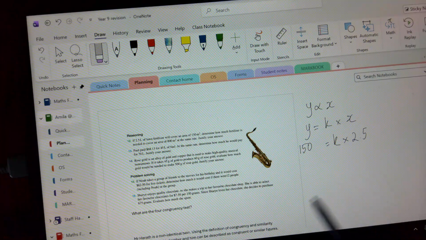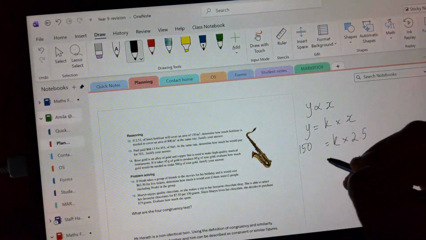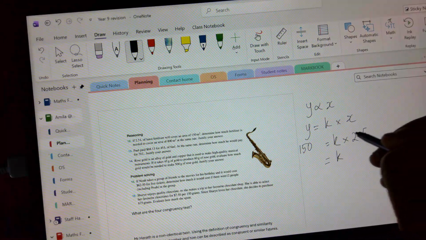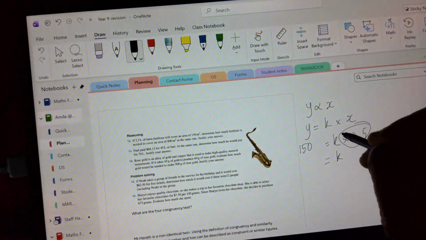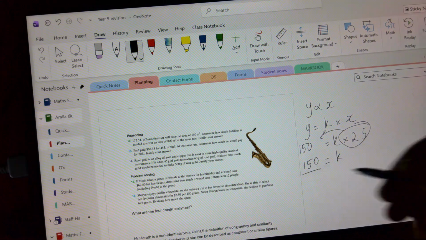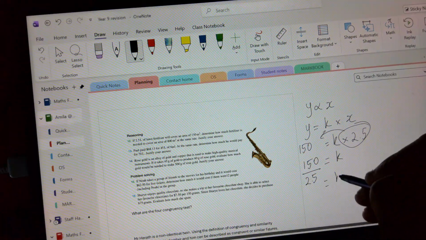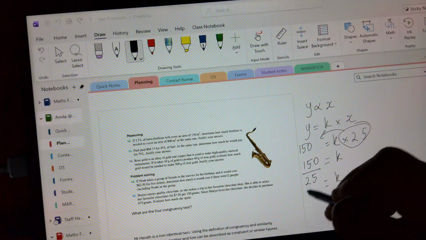The amount of liters you need depends on the amount of area you have. So my K value is going to be, take 2.5, move it over, which means we're going to do opposite of multiply, this divide. So K is going to be equal to 60.